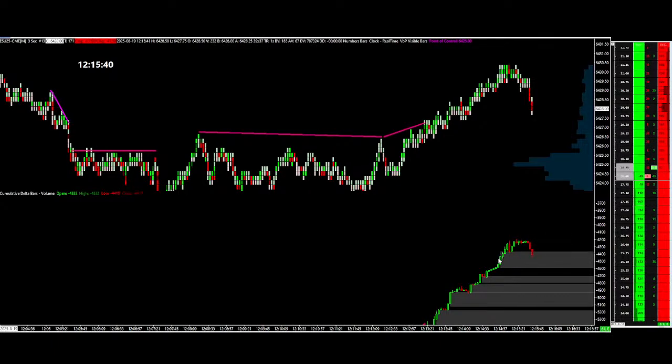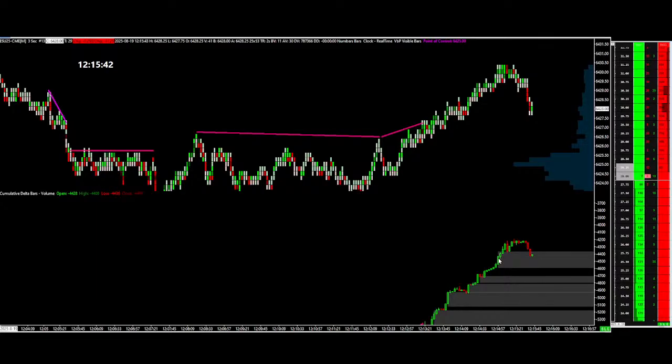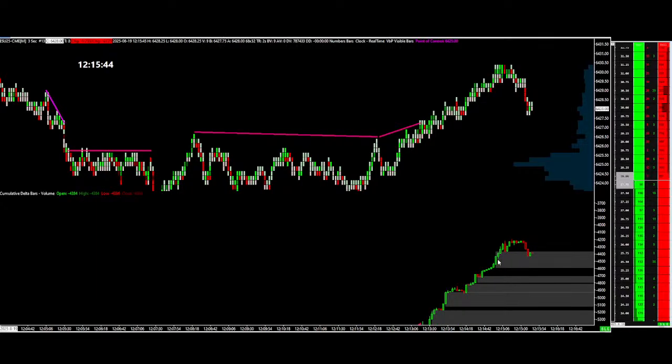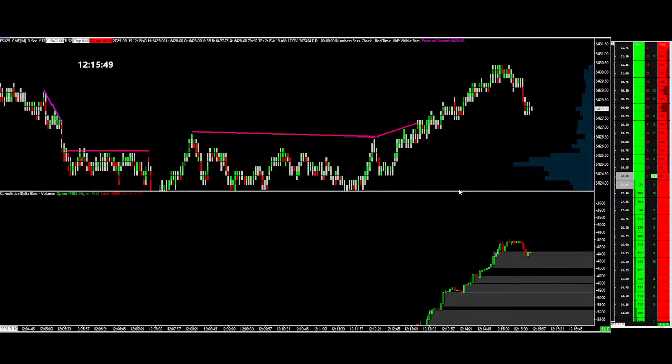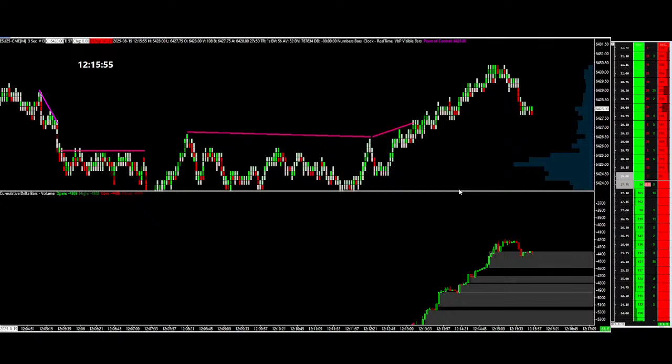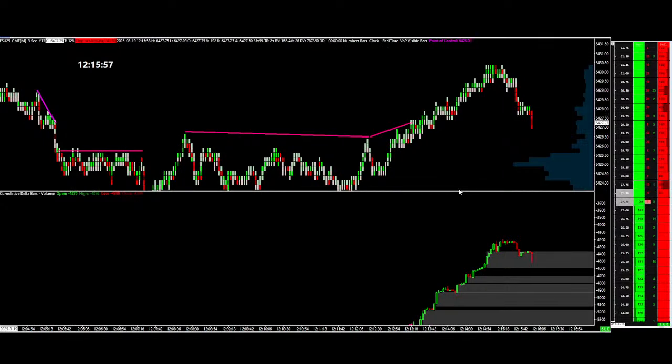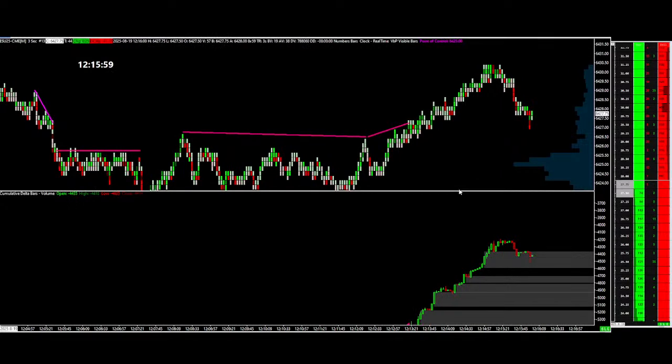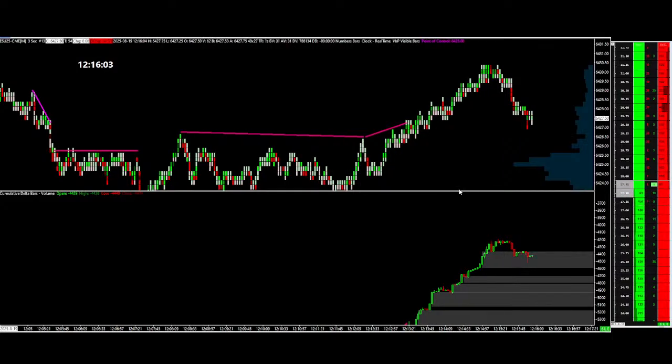Then there's reloading. That's the second type of manipulation. How do we see it? The delta via reclaims. Or not reclaims, divergences. Then there's the third type, which is spoofing.